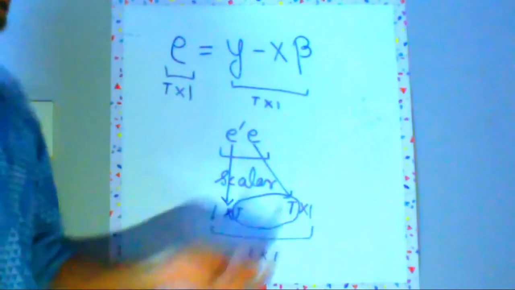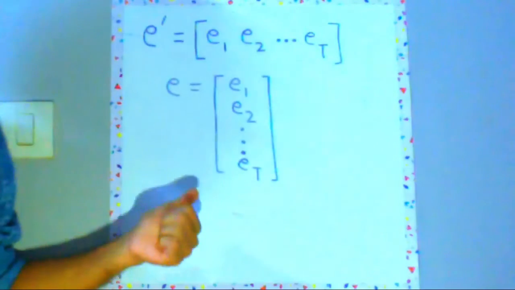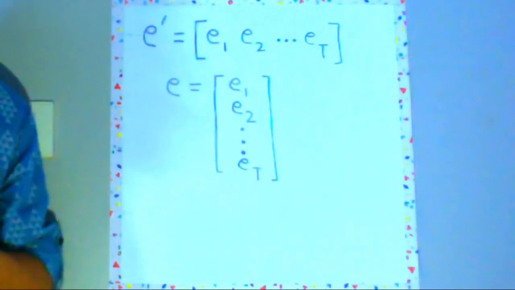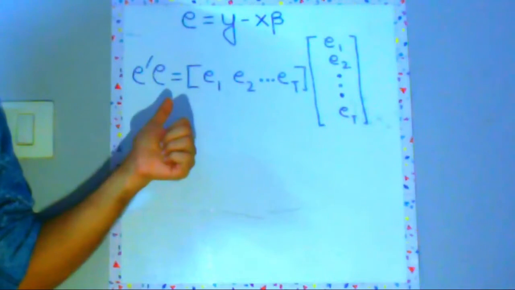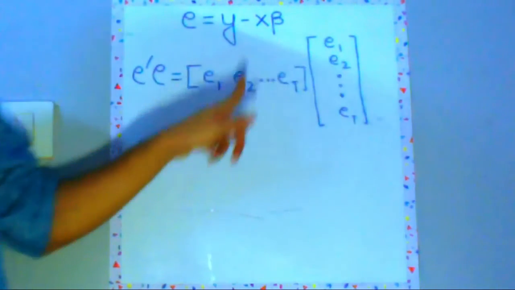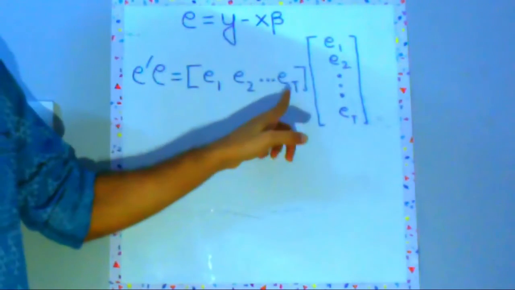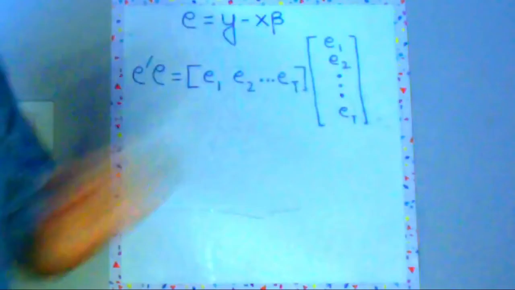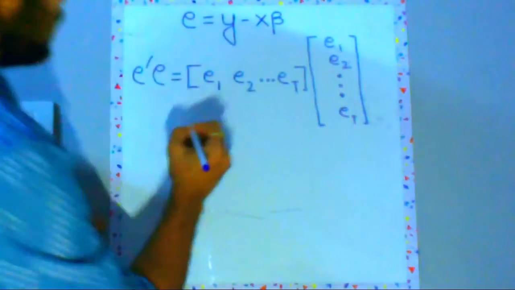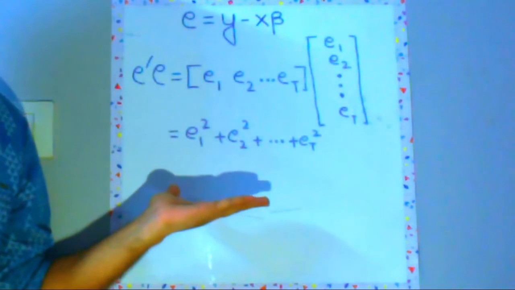Now what is that scalar quantity? This is E transpose. This is E. Let's find out E transpose E. E transpose E is equal to E1 into E1 plus E2 into E2 dot dot dot plus ET into ET, because that is how you multiply two matrices, which will give you, lo and behold, the sum of squared errors.